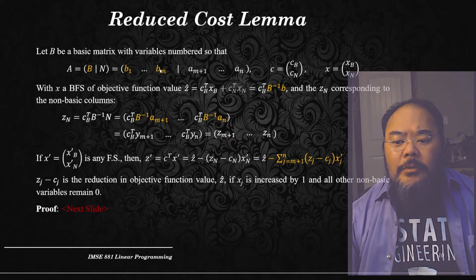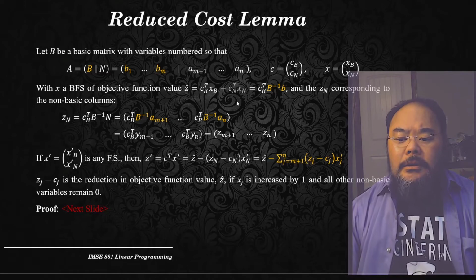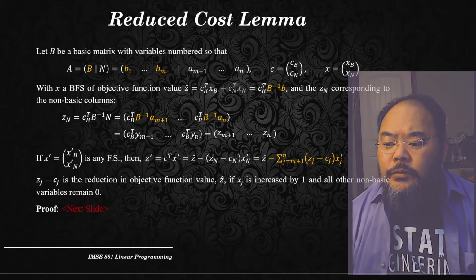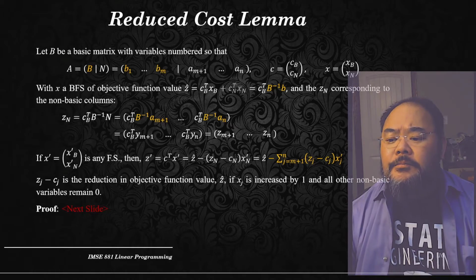The columns m plus 1 to the nth column of the original A matrix belong to the non-basic part. We're going to use this to illustrate how we pick which non-basic variable enters the basis.